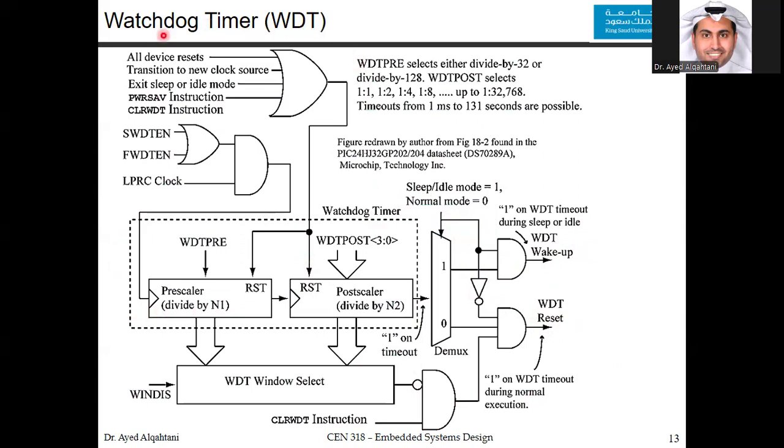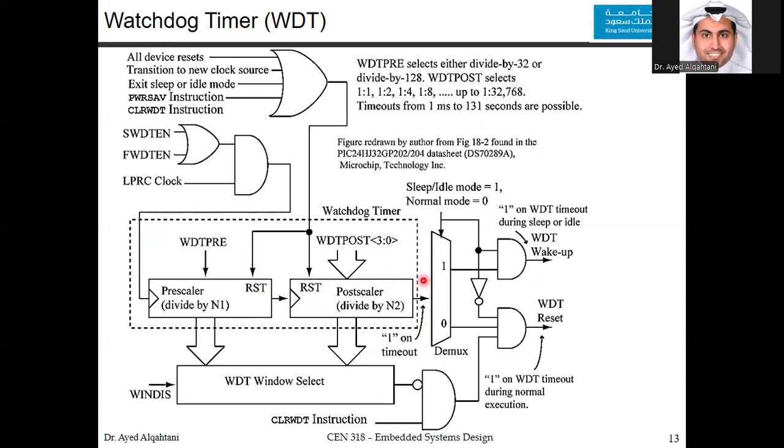Now let's look at this part and this part. First, let's see this part. You can see that this OR is connected to the reset. So the pre and the post scalers will be reset, or the watchdog timer as a total will be in the reset state.